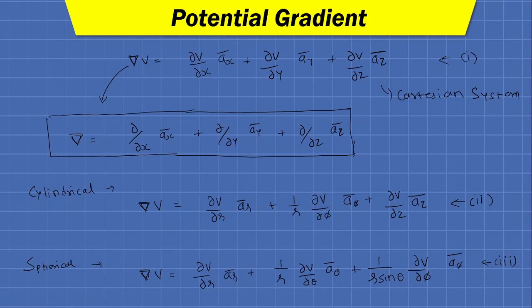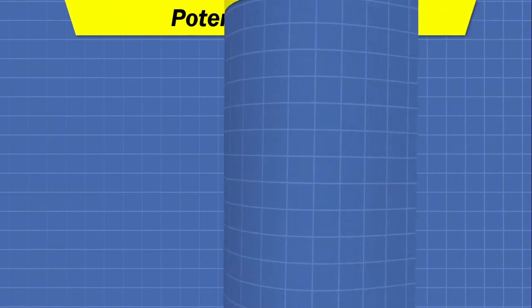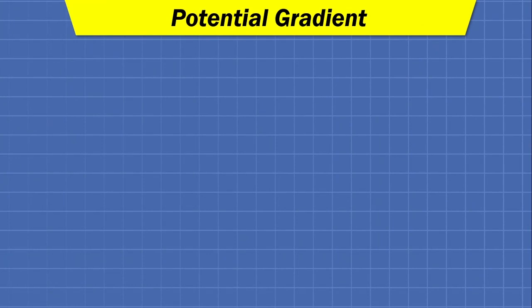Fine. Now we will end this lecture after discussing some properties of gradient of a scalar. Fine. So some properties that will be important: the very first property is that the gradient of any scalar, say gradient of alpha, gives the maximum rate of change of alpha per unit distance.